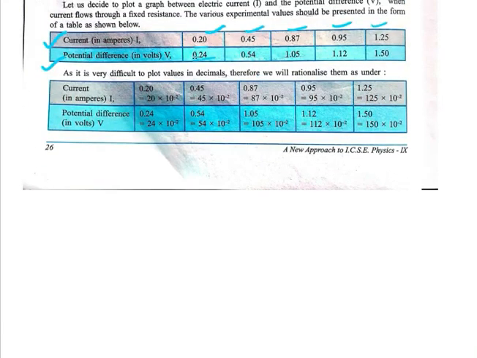As all are in decimals, if there is a problem to plot them, for easy calculation we generally rationalize them as follows. We have already learned that any number can be written between 1 to 10 into powers of 10. So 0.20 can be taken as 20, the decimal having moved 2 places, so we write it as 20 into 10 to the power minus 2.